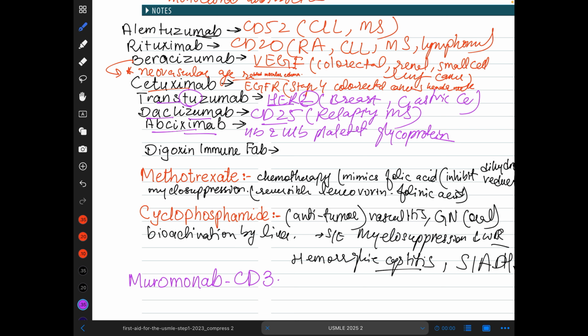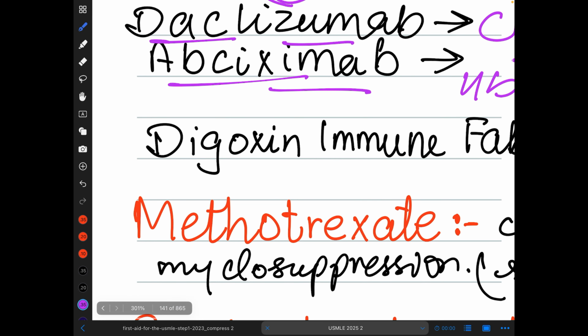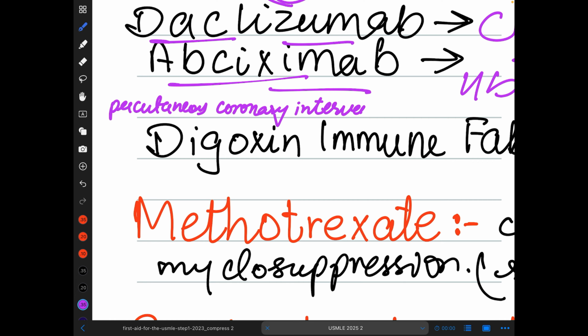They can also be used for anti-platelet treatment for patients undergoing percutaneous coronary intervention.